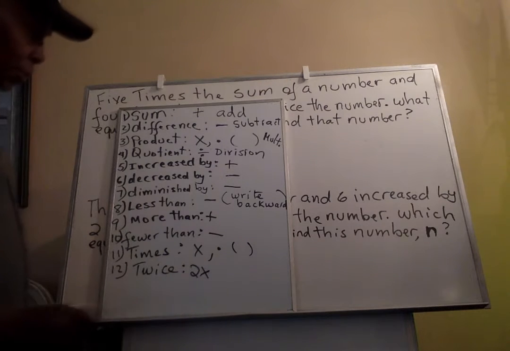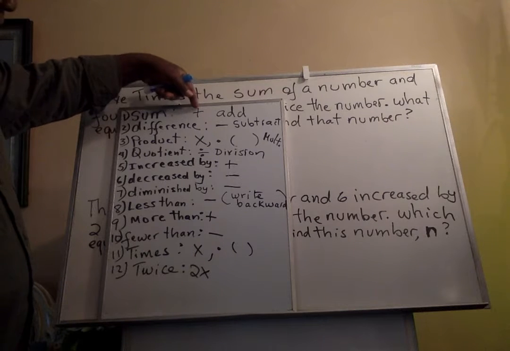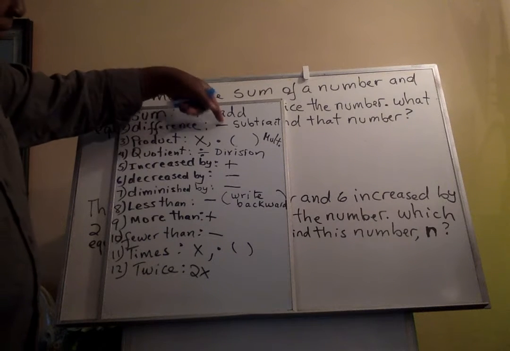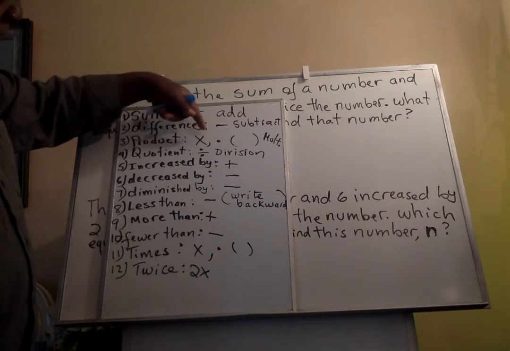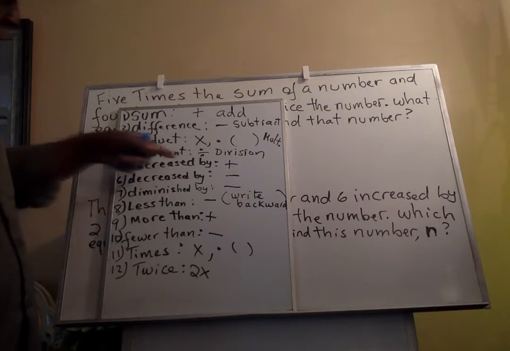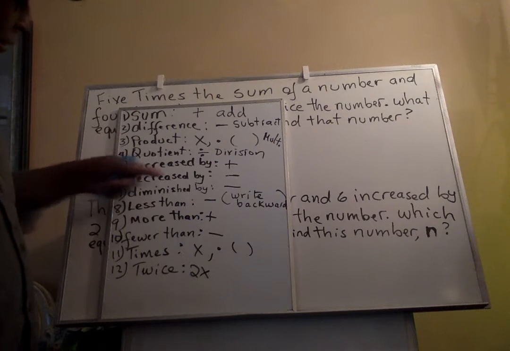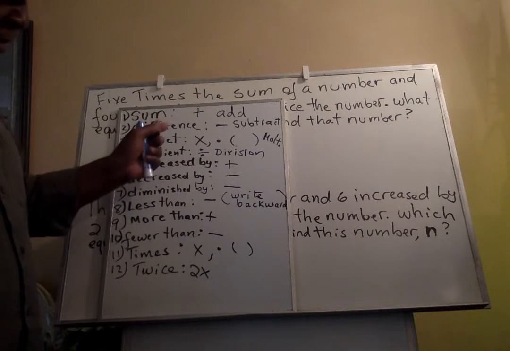So we need to know these words. Again, sum means addition. Difference means subtraction. Product means this, or this. Multiplication is multiplication. Quotient is division. Increase by means plus, adding. Decrease by means subtracting. Diminish means subtracting, but there's nothing special about it.